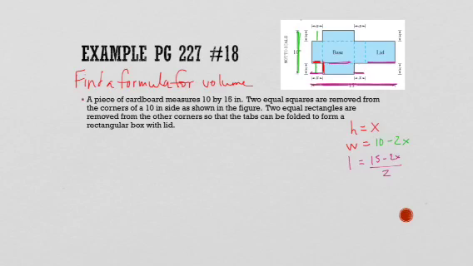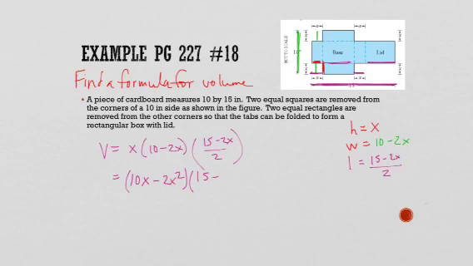So we know volume is length times width times height. So my volume is x times 10 minus 2x times 15 minus 2x over 2. Alright, go ahead and distribute this out. We're going to end up with 10x minus 2x squared times 15 minus 2x over 2.